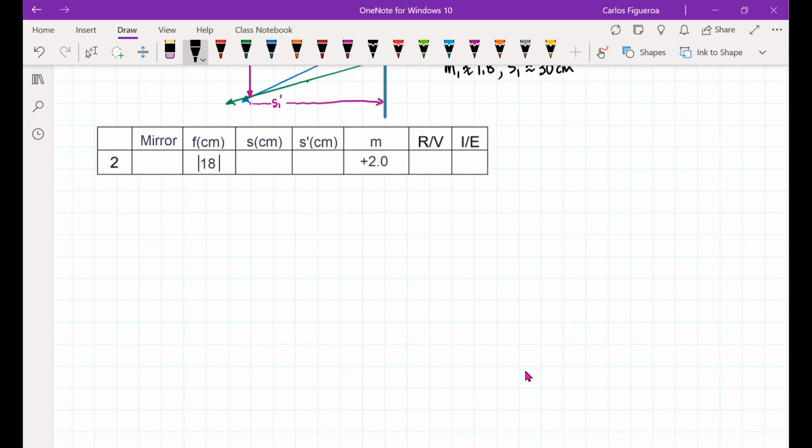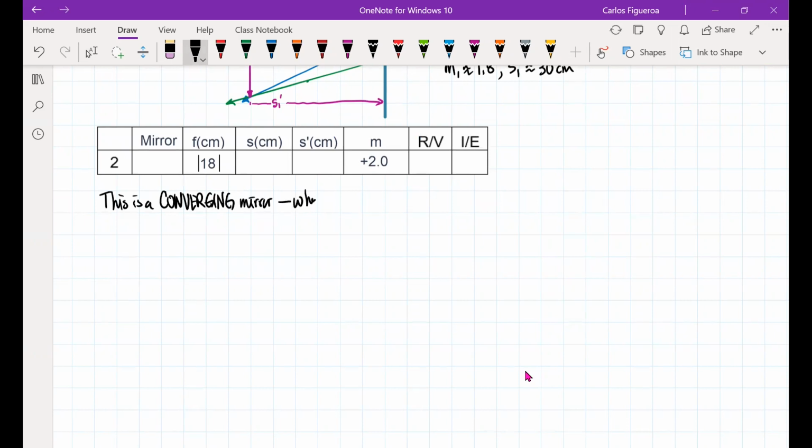So we know it's an erect image, but it's larger. So what this does here is that this is a converging mirror.